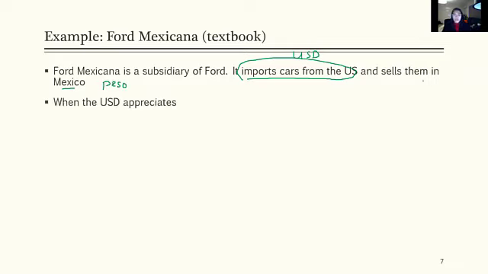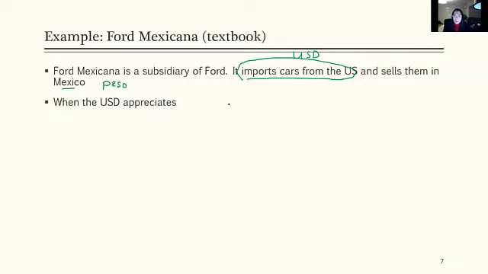right? So in this case, suppose I have a change in the exchange rate where the USD appreciates against the peso, okay? In this case, can you tell me what would happen to the firm's cash flows? All right.